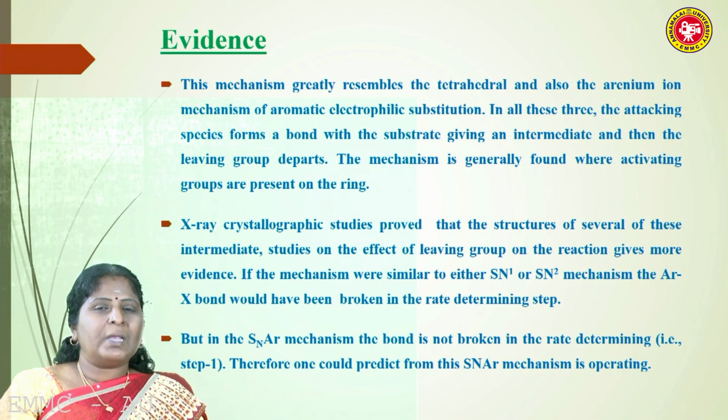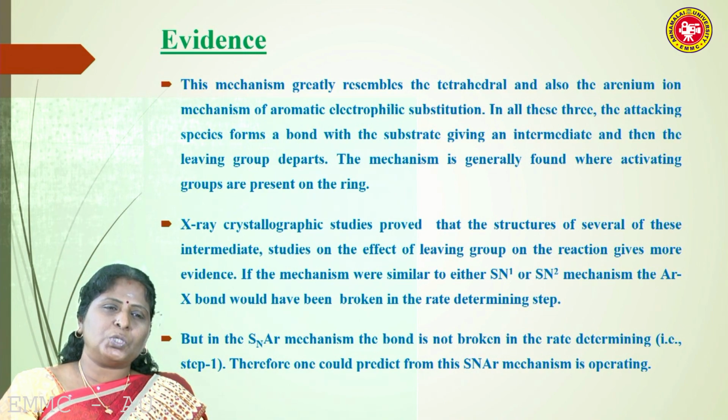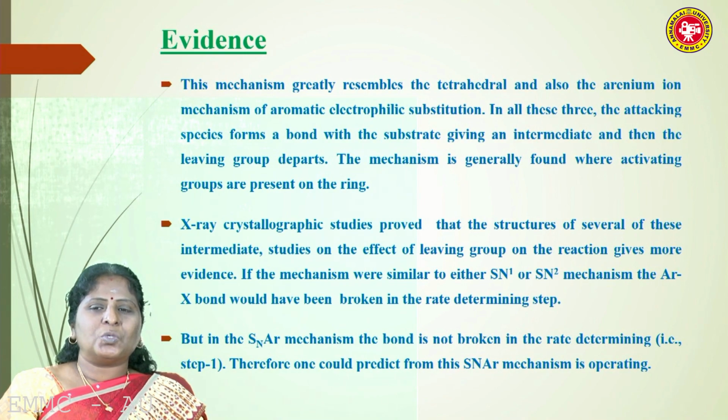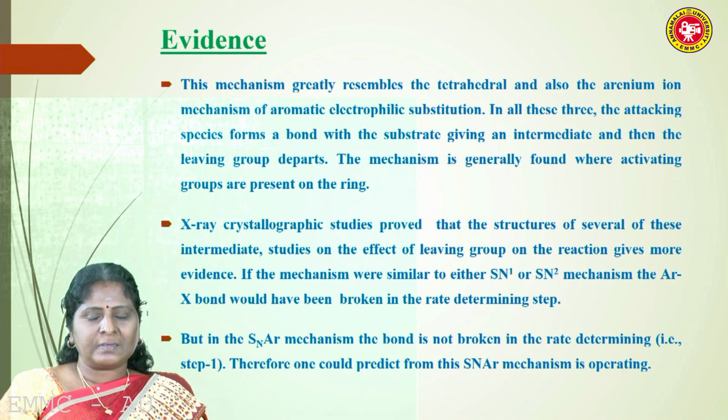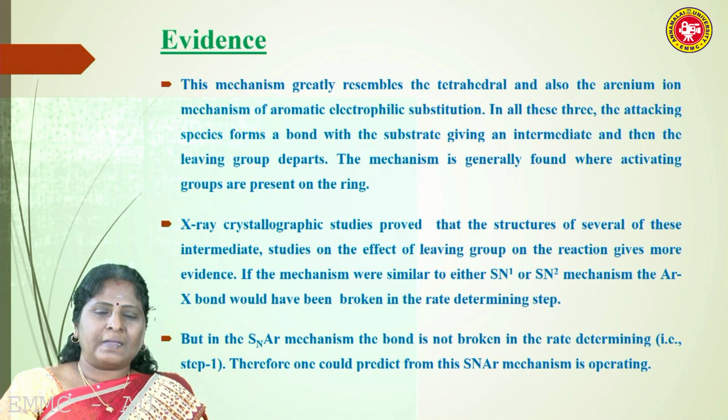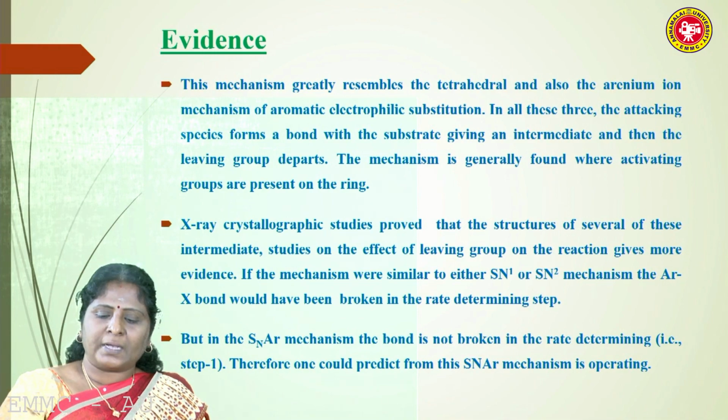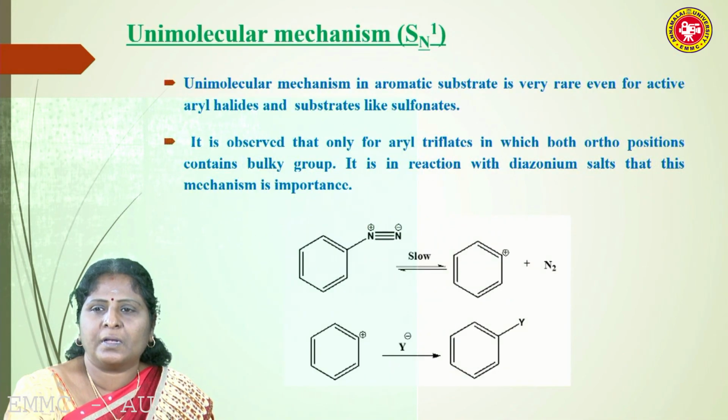But the molecularity of the reaction is found to be 2, like the bimolecular SN2 reactions. That's why this mechanism is called the SN-AR mechanism, since it is completely different from the SN1 and SN2 mechanisms of aliphatic substrates.